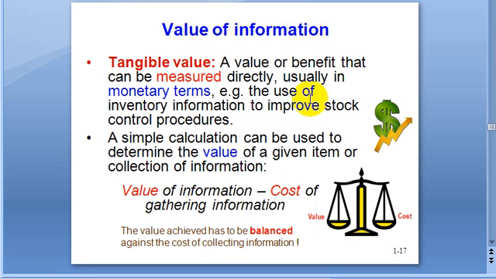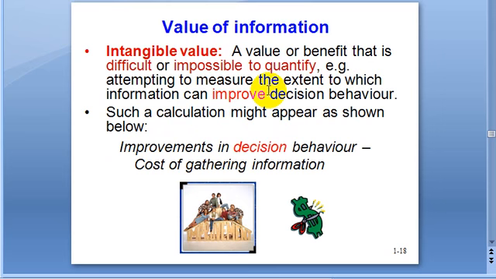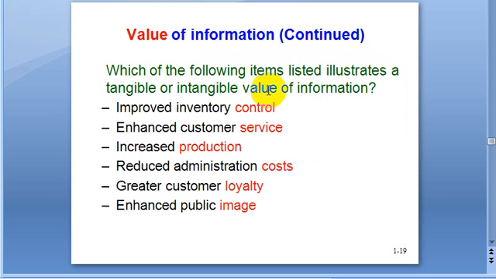Value of information: tangible value means it is easier for us to describe or measure, for example, in monetary terms. The intangible means more difficult for us to describe or to measure, for example, quality of decision making.